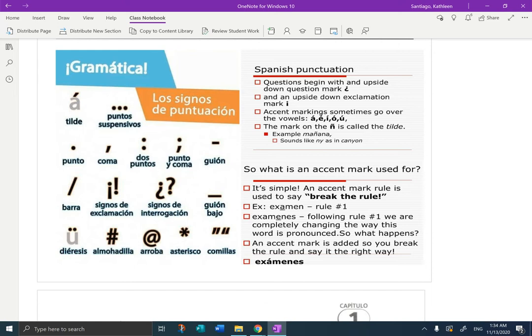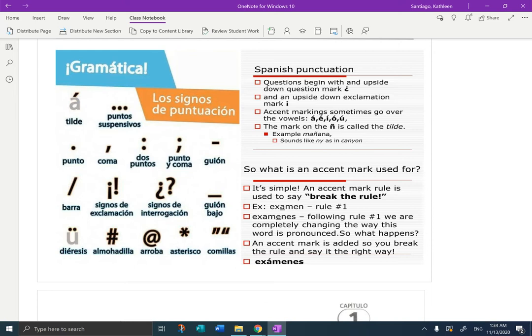So why is it necessary for us to use accent marks? It's simple. An accent mark is used to say break the rule. So for example, examen follows rule number 1, so it doesn't need an accent mark. Exámenes, following rule number 1, we would be completely changing the way this word is pronounced.